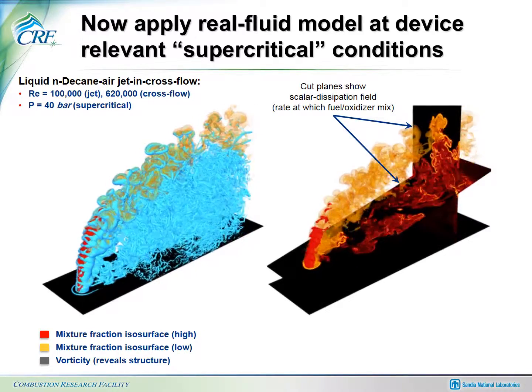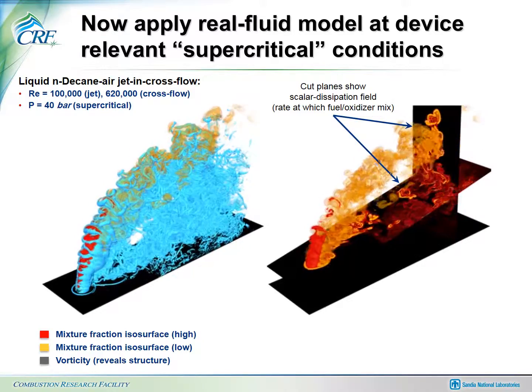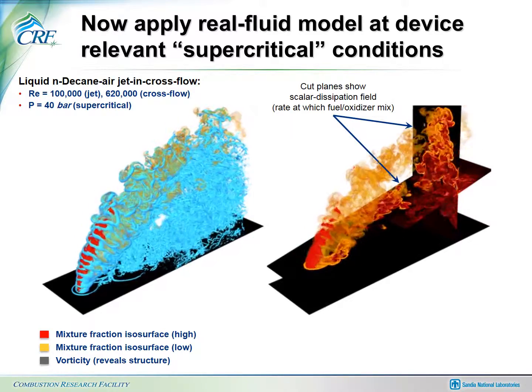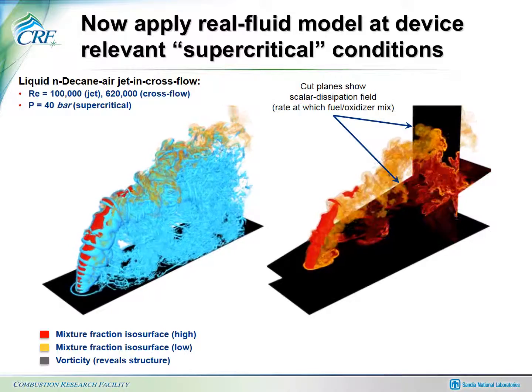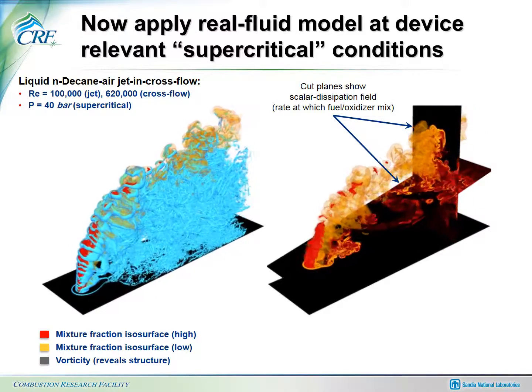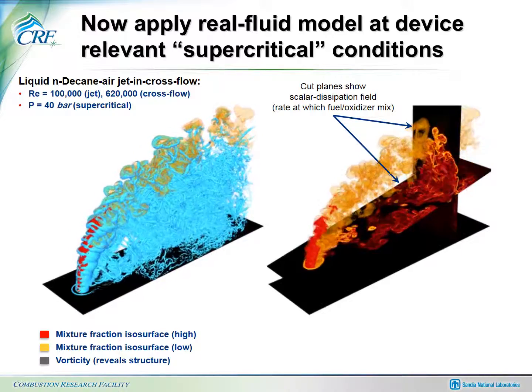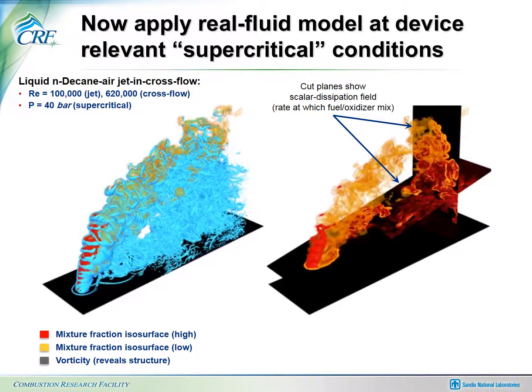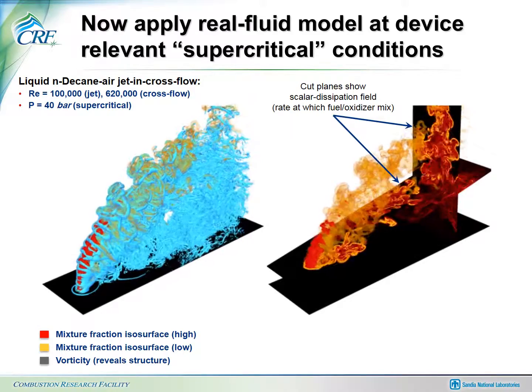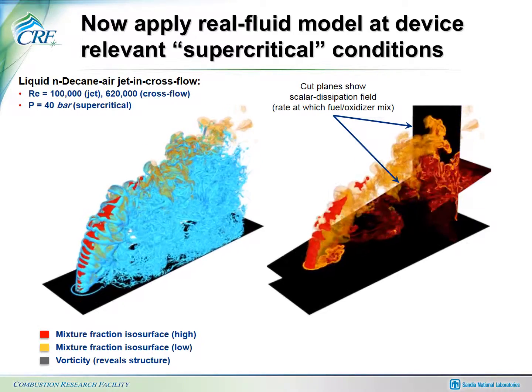The Reynolds number associated with the jet is 100,000, and with the crossflow is 620,000, and that's due to the fact that the pressure is 60 bar. So here we assume we don't have drops. We're applying real fluid thermodynamics within our LES solver, and we're interested in several things.